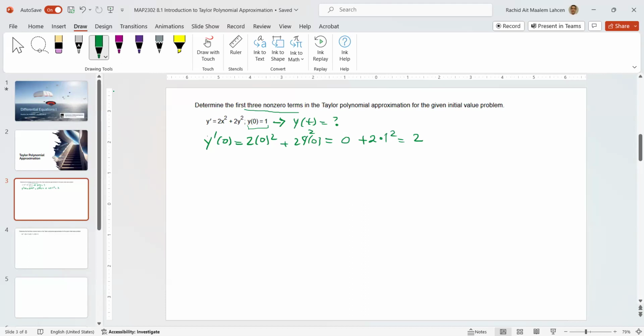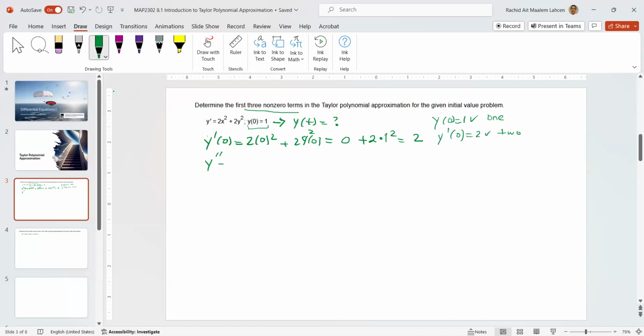To go into this polynomial, we need the formula. So y of 0 is 1, it's not 0, so this is 1. Y prime of 0 gives us 2. We need the third one, so we need to find y double prime.